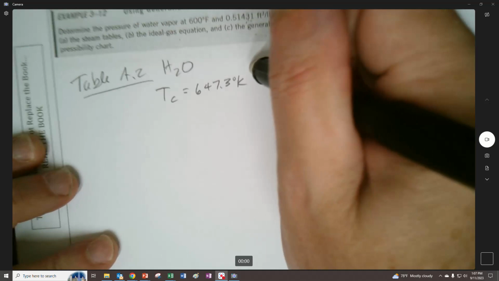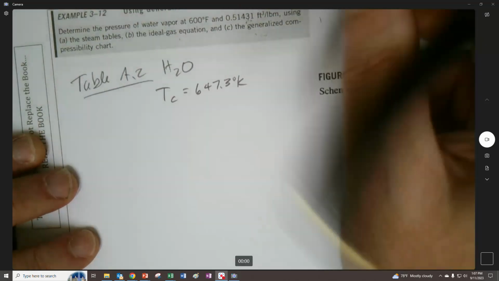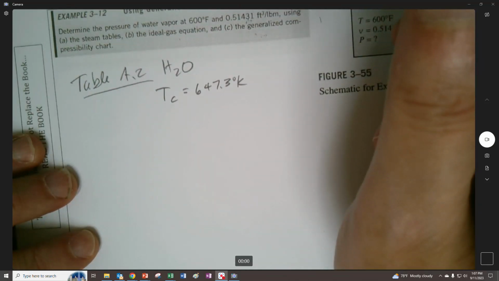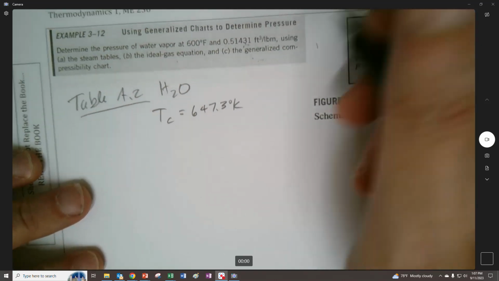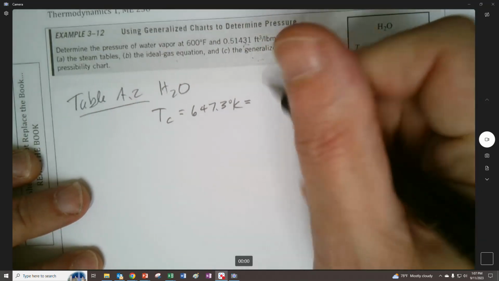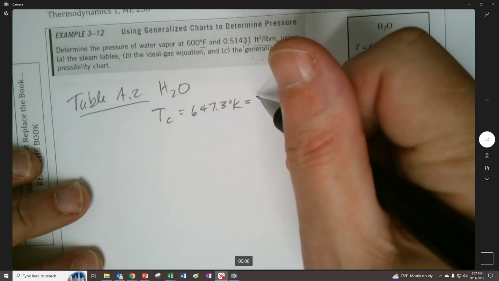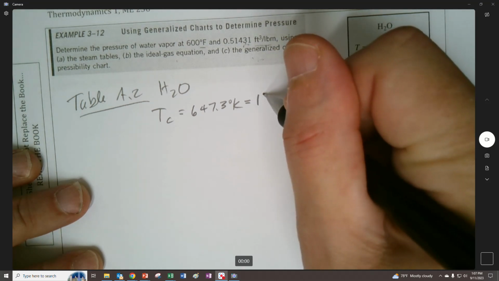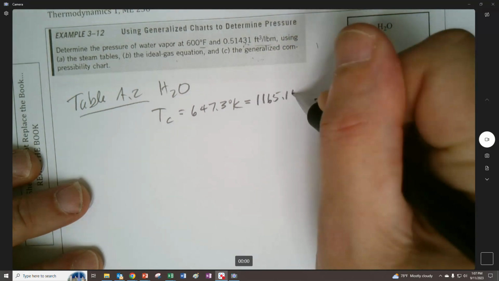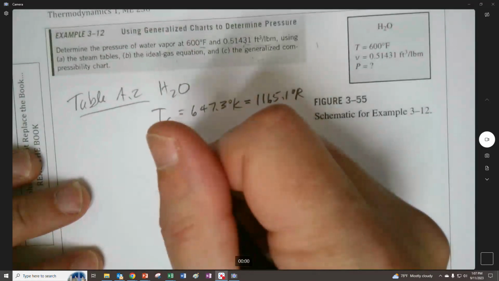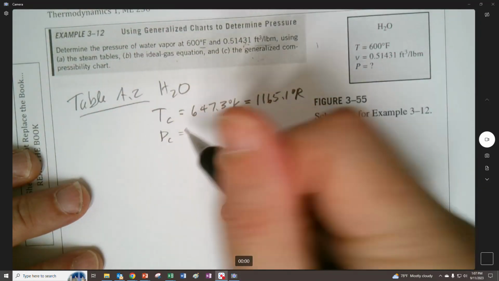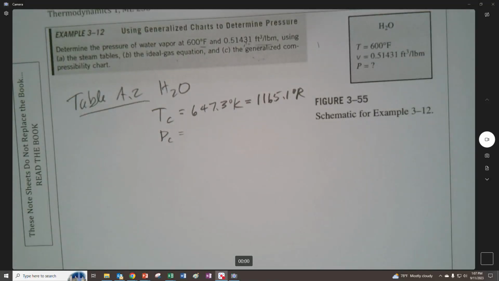We need to be in degrees Fahrenheit, and yes, sorry, we're in English units. So that is 1,165.1 degrees Rankine. I think we could just go ahead and look this up in F, table F.1.